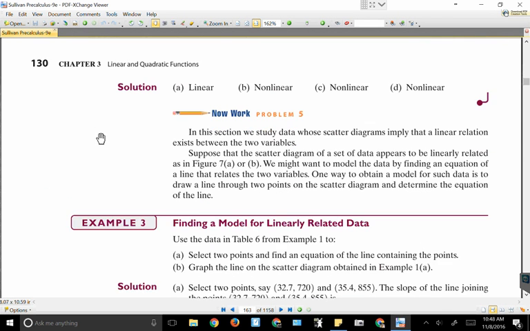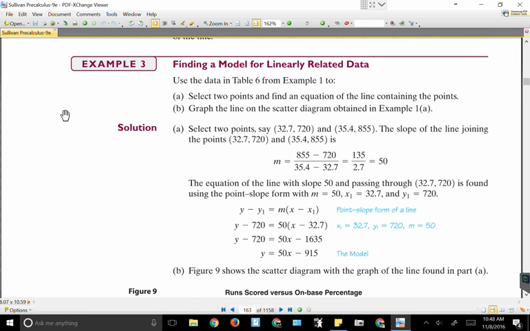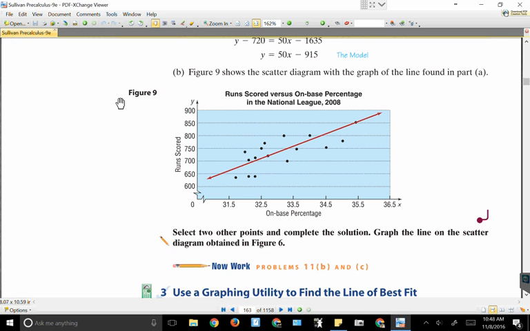Okay. So, finding a linear model. There are many different ways of doing this. This is probably the most inaccurate method that I can come up with, and the reason why is because it goes on personal interpretation of what you want to do to select the 2 points. So if I take a look at the stuff here in table 6, where do I want to go?